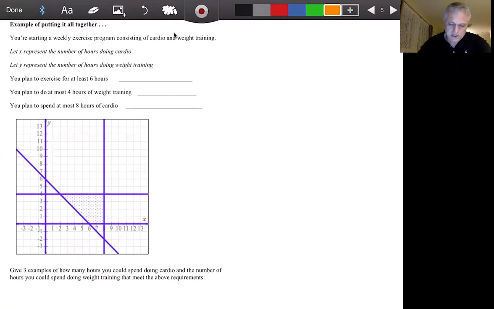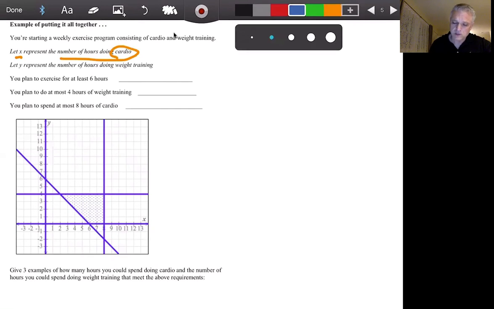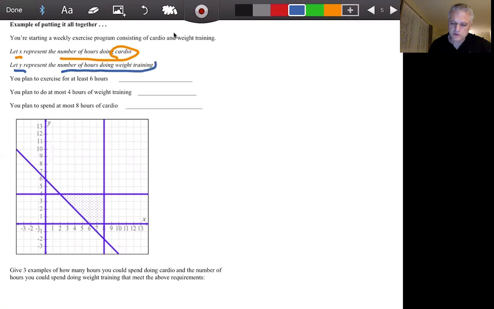Okay, it says let X represent the number of hours for cardio. It says let Y represent the number of hours doing the weight training. So you have your variables. Your variables are set.